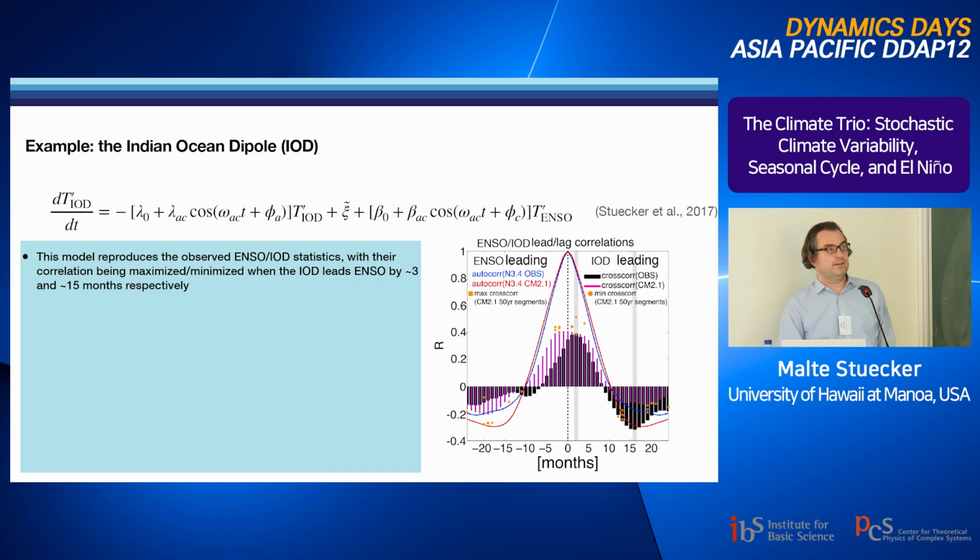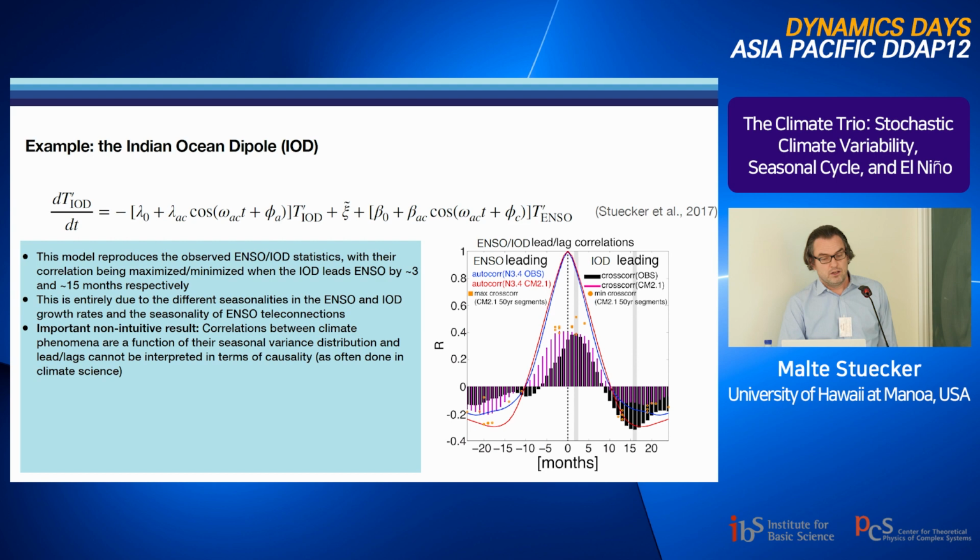And then also the strong autocorrelation of ENSO, here in the line plot, just means that an ENSO El Niño event typically leads to a La Niña event the next year, which explains that 15 months lead of the IOD. So this brings about this really non-intuitive result.